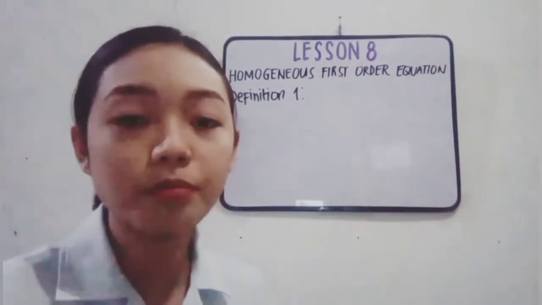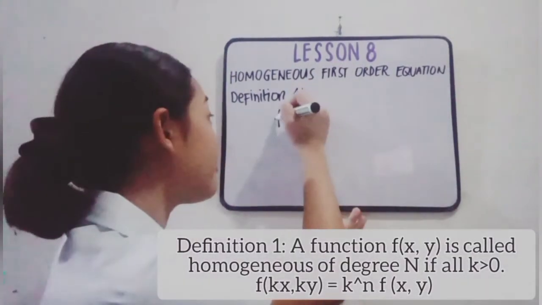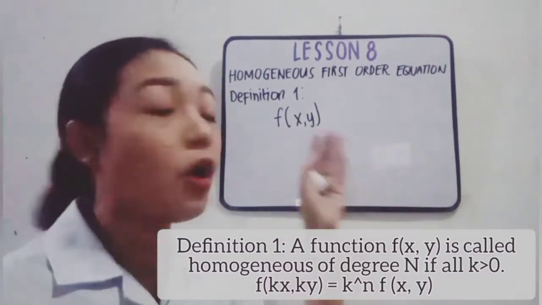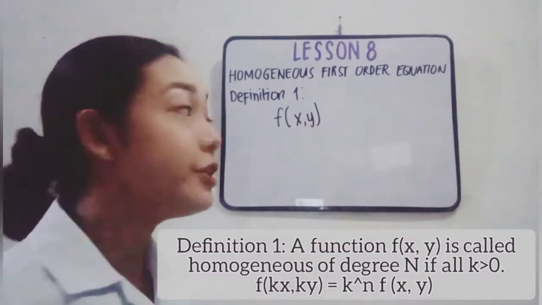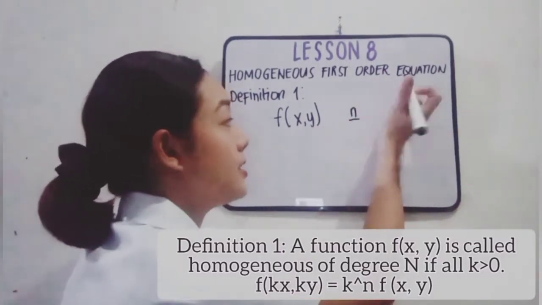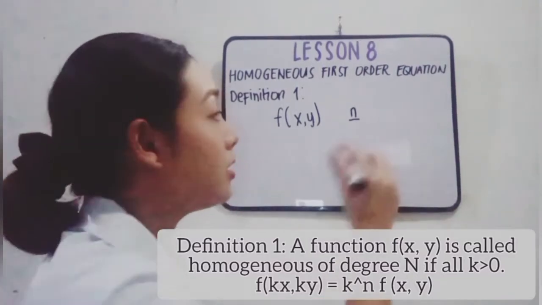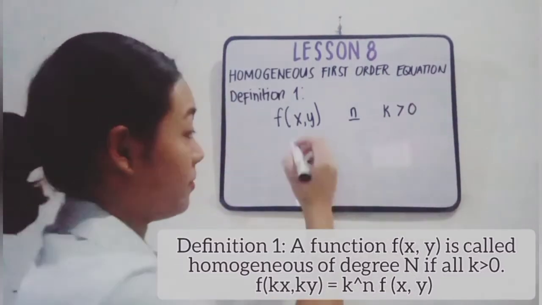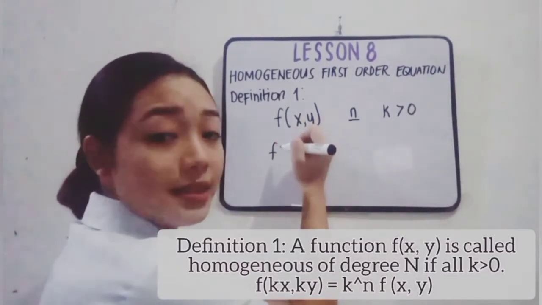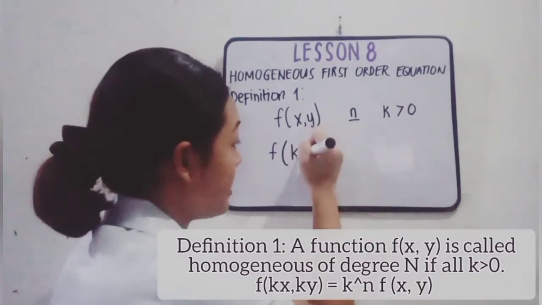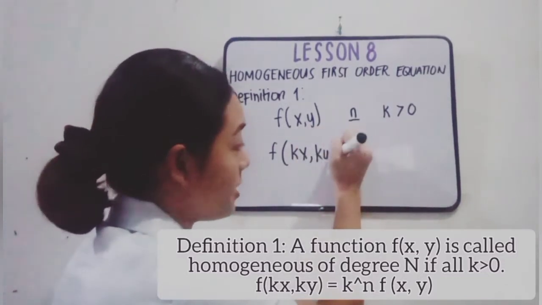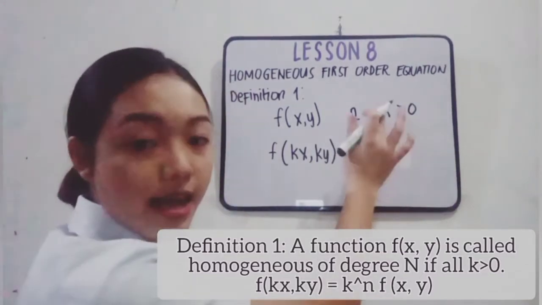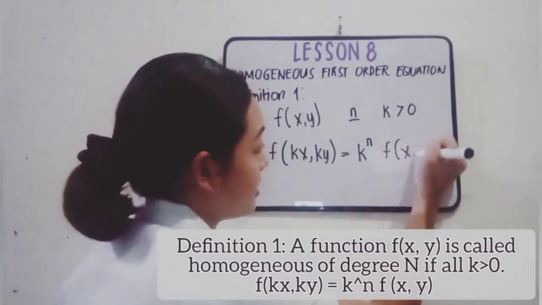Sabi dito sa definition number 1, a function f, quantity of x and y, is called homogeneous of degree n. This is the symbol of our degree. If for all k greater than 0, we have f, quantity of kx and ky, equals k to the degree n times f, quantity of x and y.